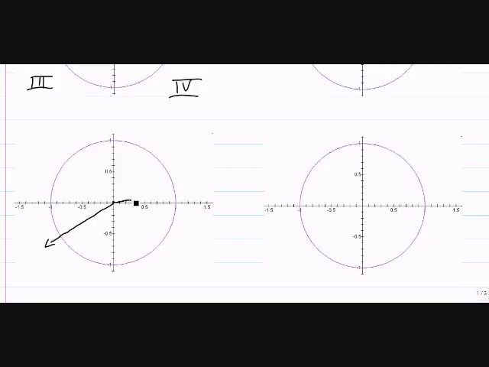I'm still going to start from the x-axis, the positive side, and I'm going to take 90 plus another 90 for 180, and let's say this angle is 30 degrees. So this angle is 90 plus 90 plus 30, 180 plus 30. This angle is 210 degrees.